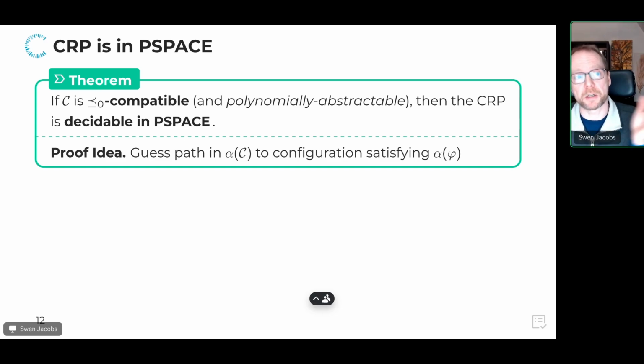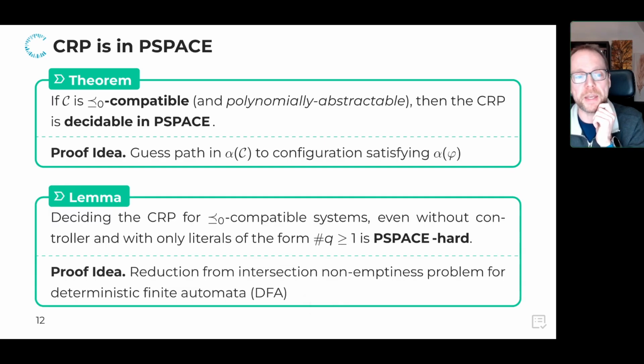For all systems that are compatible with our well-quasi order and satisfy a small side condition that is also satisfied by all the systems that I showed you, we get decidability of this more complex problem in PSPACE. And actually, we can also show that the CRP for this class of systems, even if we restrict it to systems without a controller and with only literals of the form the number of processes in a state should be greater than 1, is already PSPACE-hard.